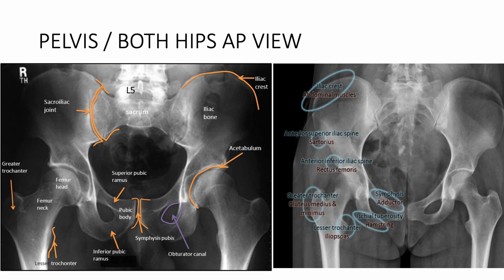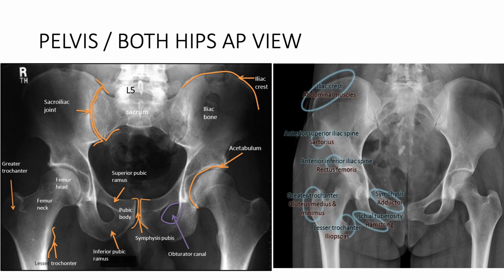And when you compare it with your gross anatomy studies, you would see the same features, the same parts. On the right hand side picture, you will see the general areas of origins of the different muscles.